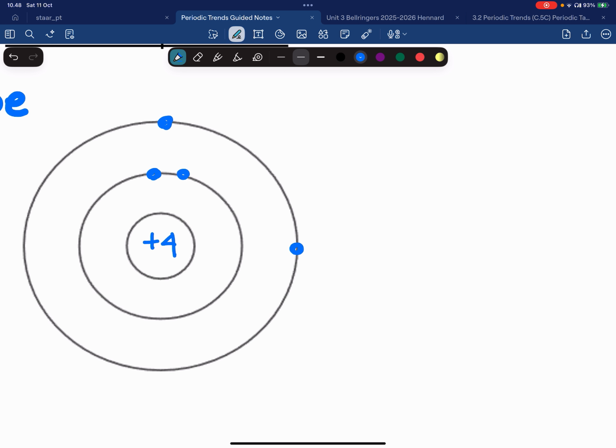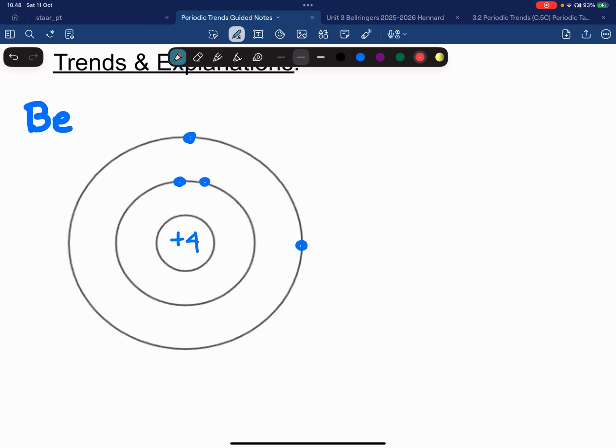Well, basically what's going on is this. For beryllium, you have a very small atom. And so the attraction between the electrons on the outside and the positive 4 in the nucleus is actually pretty big, okay? Large attractive force.